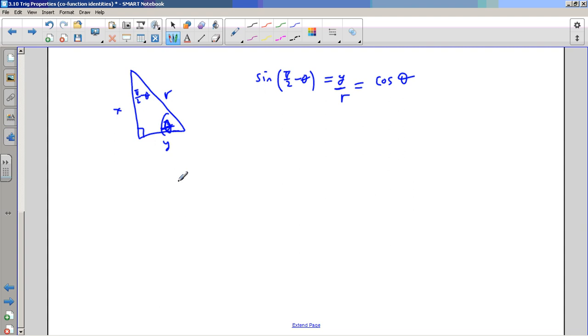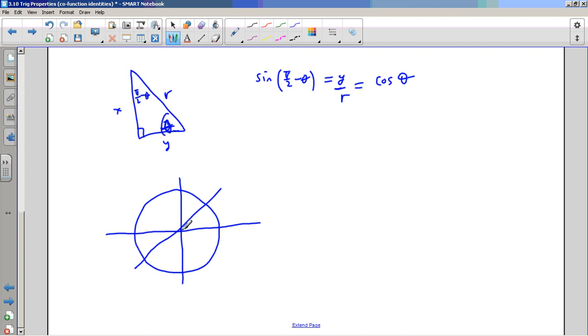Anyway, another way to remember the other ones, and this one's a little more complicated, but it's not so bad. This is kind of like our development, but if this is the point x, y, and this is theta, and I draw a line that's perpendicular to this one. First of all, the slope of this line is rise over run, y over x.